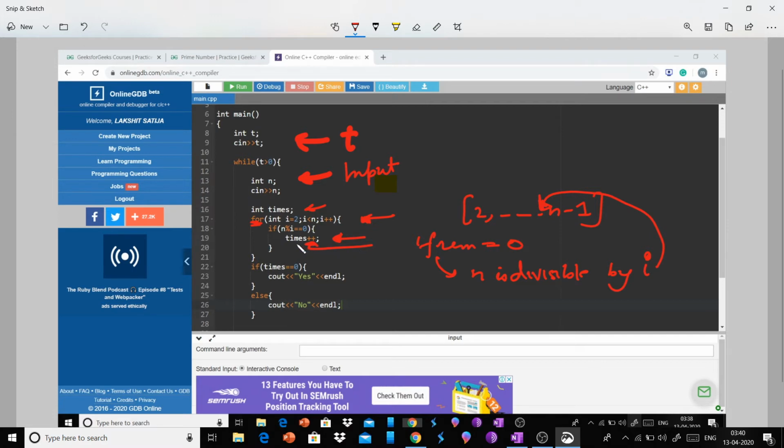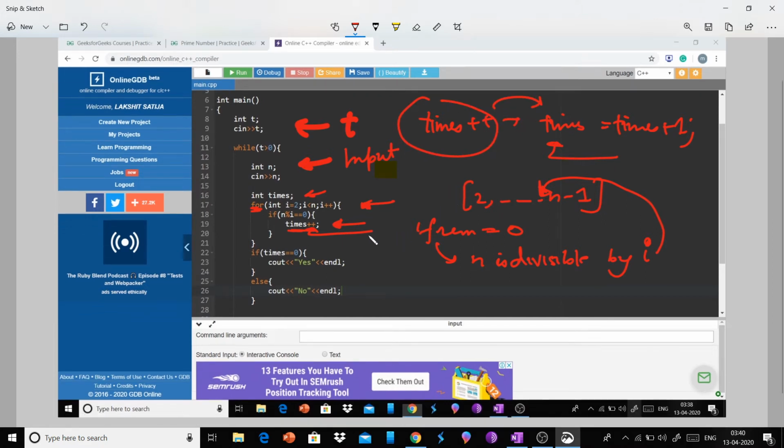So the value of times will increase, right? And you know that times plus plus means that times is equal to times plus 1, right? I have discussed this concept, it is basically a short form of writing this, in the video on operators.